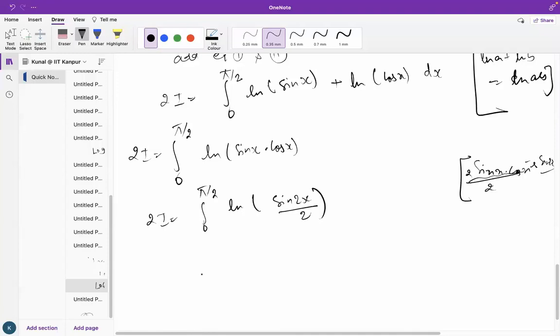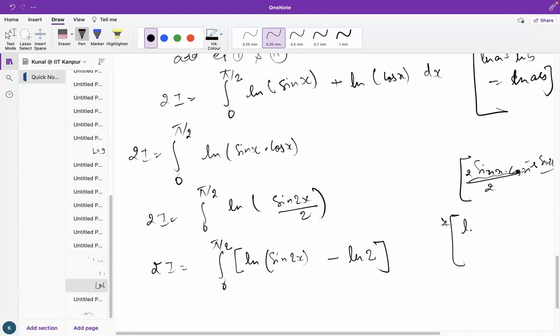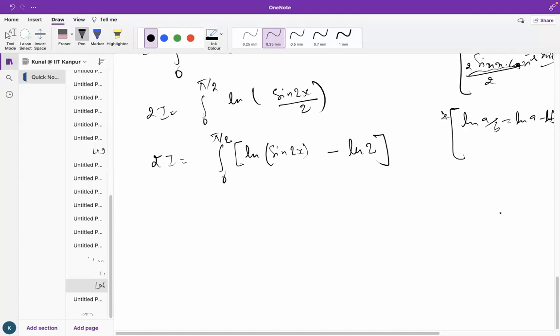Now, our 2I is equal to the integral from 0 to pi by 2 of ln of sin 2x minus ln of 2. I hope this is clear to you. I'm again using the same property of log, like ln of a by b is equal to ln of a minus ln of b. Okay, and now let's move on.